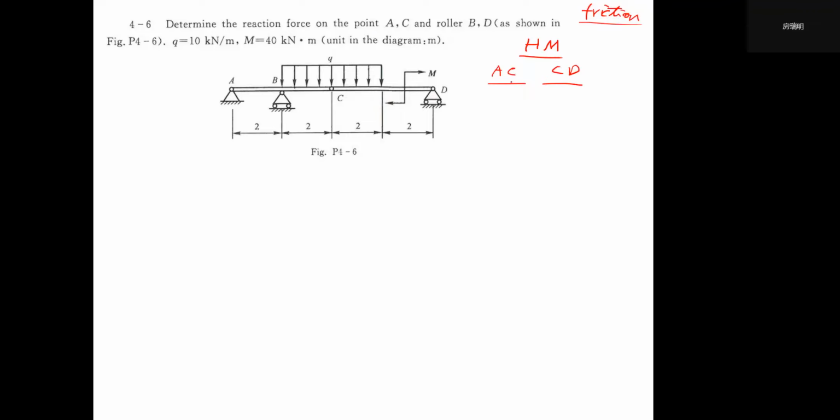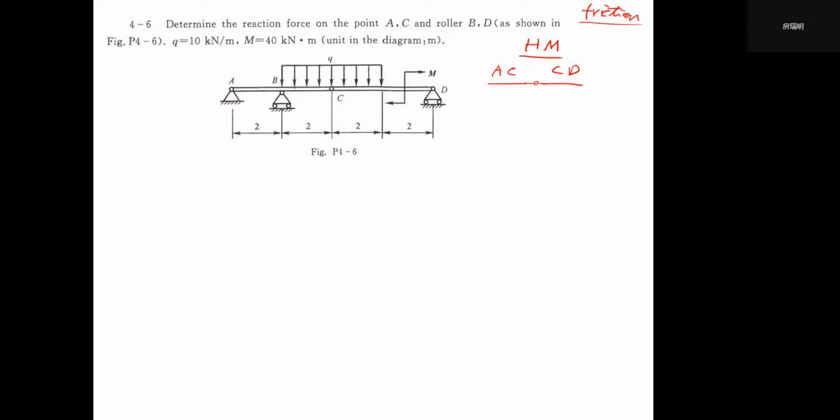These two bars have a common point C and use a pin to link to each other, right? So this is a force system, and we also should figure out which type of constraint is in this problem.